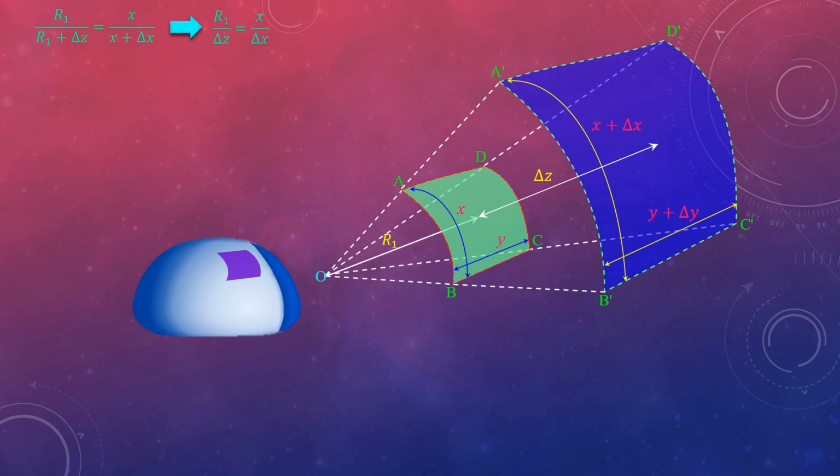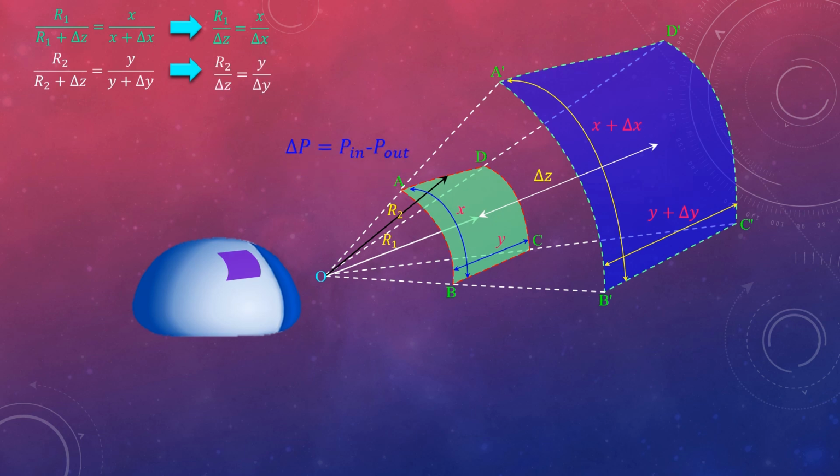Further we can write R1 by delta z equal to x by delta x. Similarly, the radius of curvature for this element is R2 in the direction of y-axis, that is with respect to parallel lines AD and BC. So we can write R2 by R2 plus delta z is equal to y by y plus delta y. Further we can write R2 by delta z equal to y by delta y.